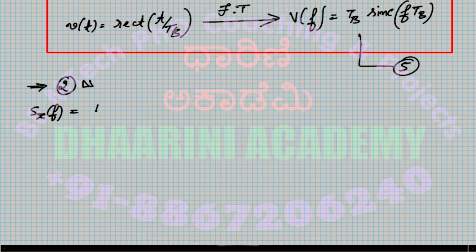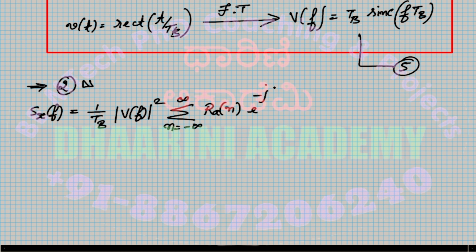That is equal to 1 by Tb, magnitude V of f whole square, into a summation with n as a variable from minus infinity to plus infinity, Ra of n into e to the power minus j 2 pi f n Tb in the frequency domain, where n varies from minus infinity to infinity and Tb is the bit duration. This is what I have in equation 2.